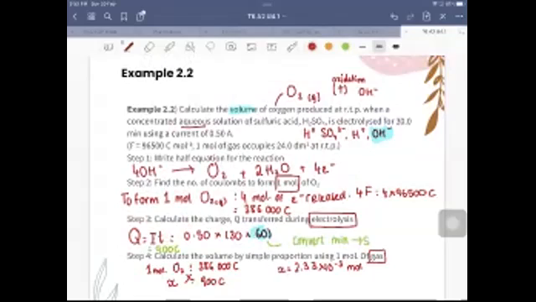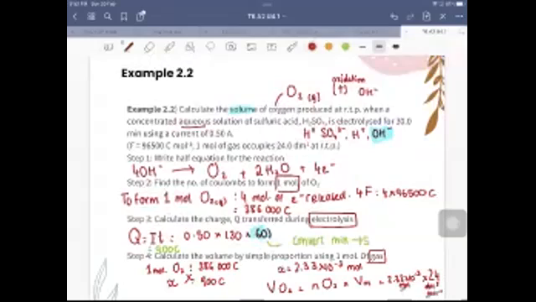Okay, so to find the volume of O2, you have to take the number of moles of O2 times molar volume, which is 24 dm cube. Okay, so 2.33 times 10 to the power of minus 3 times 24 dm cube per mole. So that's dm cube mole minus 1.